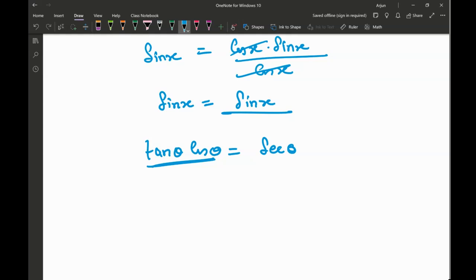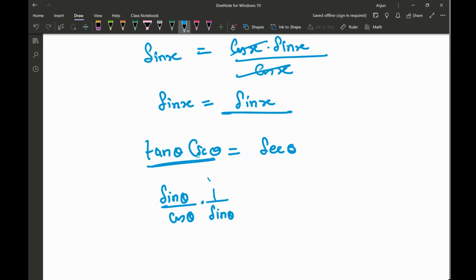Tangent theta, I can write as sine theta upon cos theta. And this is cosecant theta, CSC, which I can write as 1 upon sine theta.